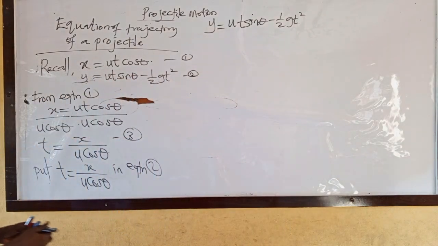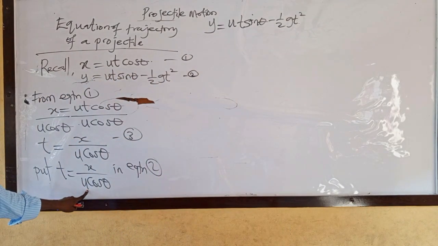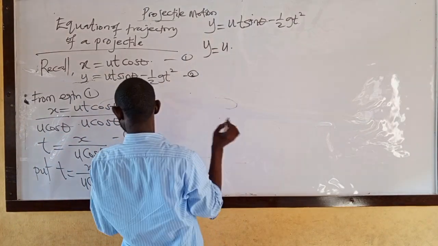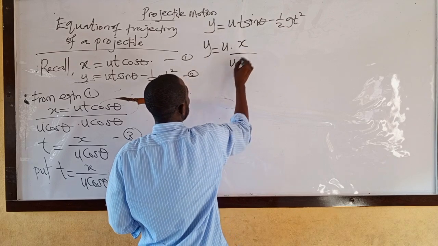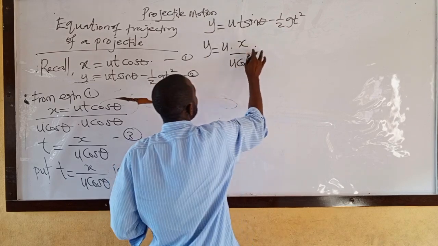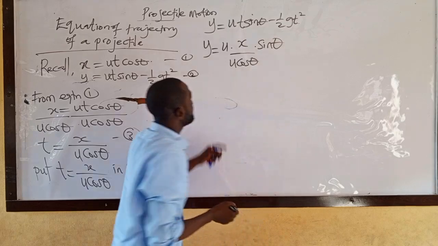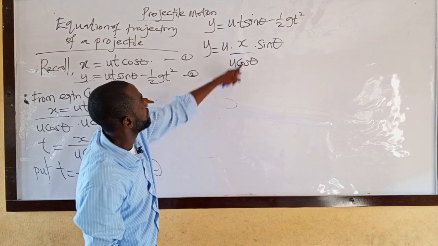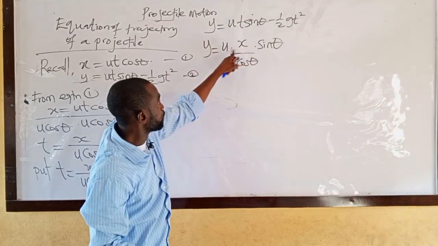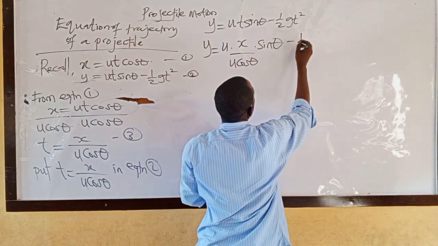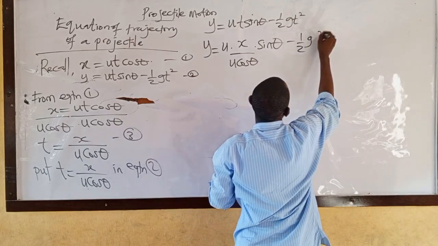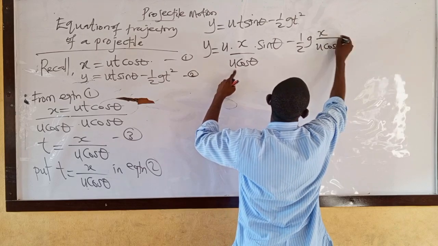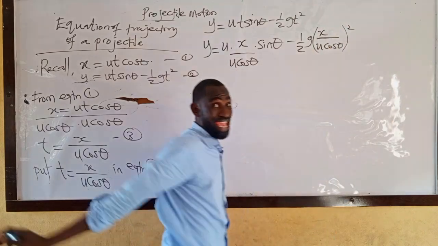So anywhere we see t, we put x all over u cos theta. So y equals u times x all over u cos theta times sin theta, minus half g times x all over u cos theta, all squared.